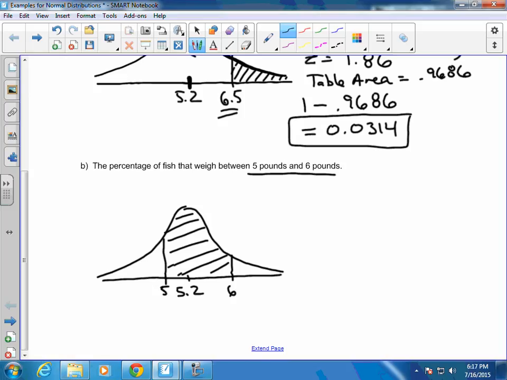Since now I have two separate data values of interest, what I'm going to need to do is get two separate z-scores. So in my first z-score calculation here, I'm going to do the 5 minus the 5.2, divide that by my 0.7. If I punch this up, that gives me a z-score of negative 0.29.